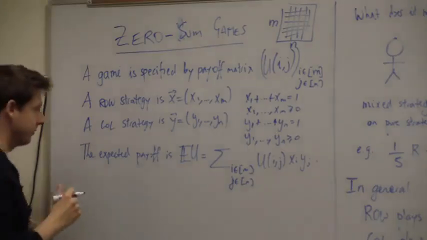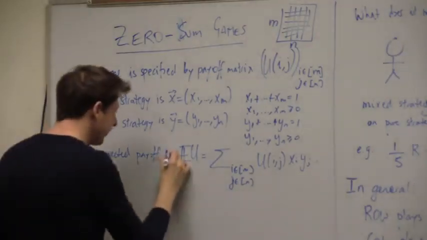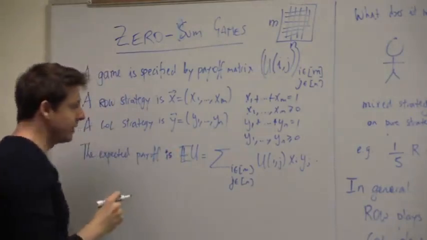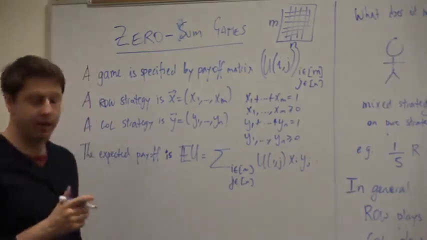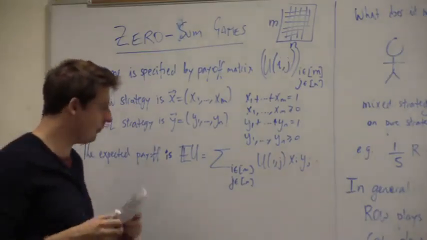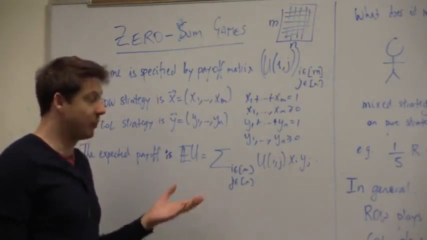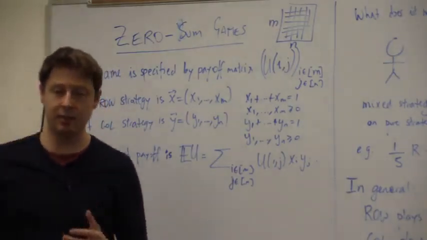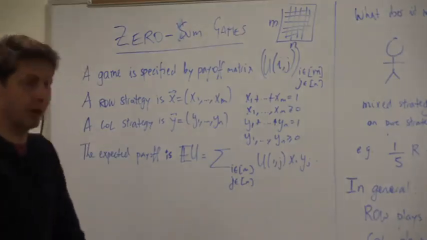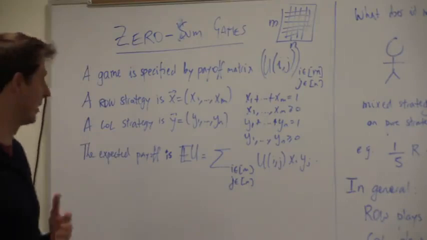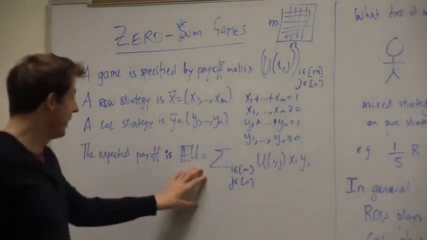Oh, I forgot to mention. One may wonder, why on earth are we looking at expected payoff? Why specifically would the players be interested in maximizing or minimizing the expected payoff, respectively? This is a good question. Nobody asked it, but I'll bring it up anyway.